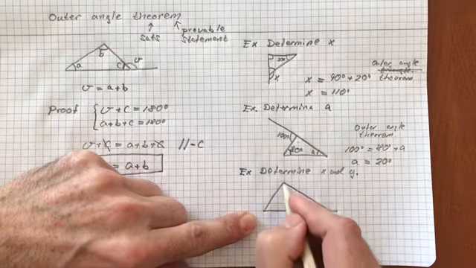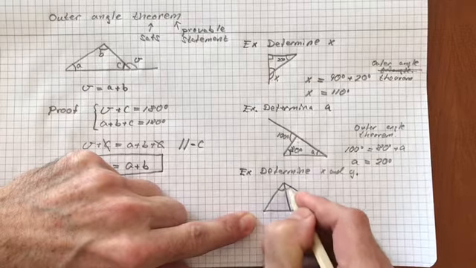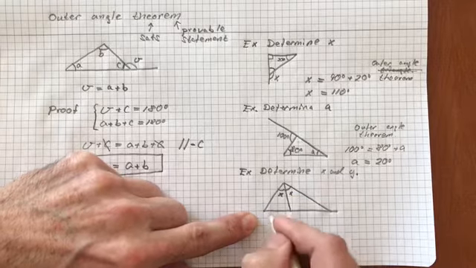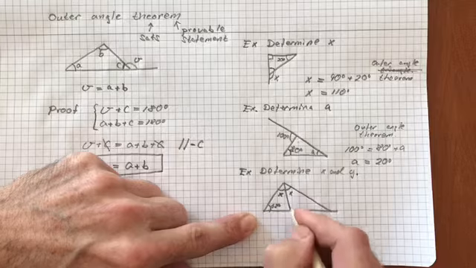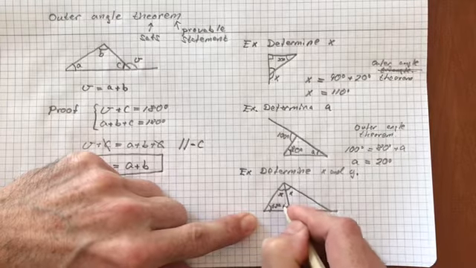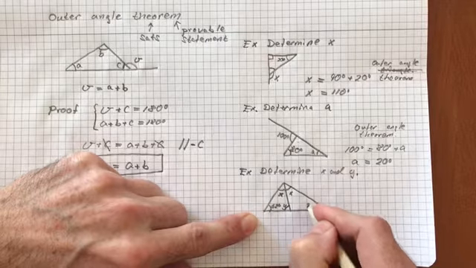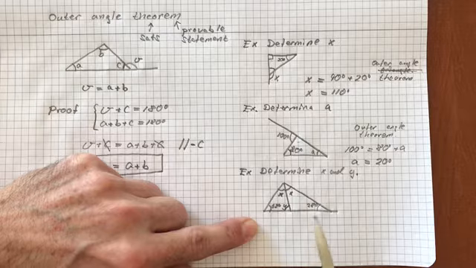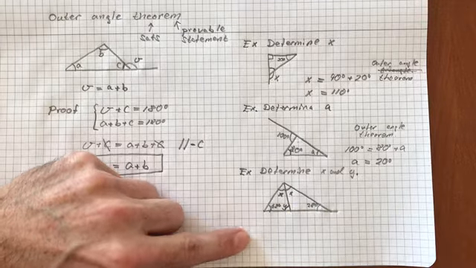And then we draw this line so that this and this are the same. They are both x. And then you have this angle, it's 62 degrees. And this angle, we don't know it either, it's y. And here you have 28 degrees. So, x and y. Can you find them?